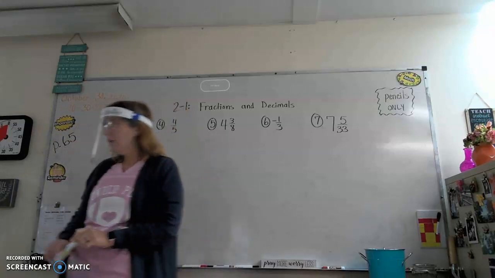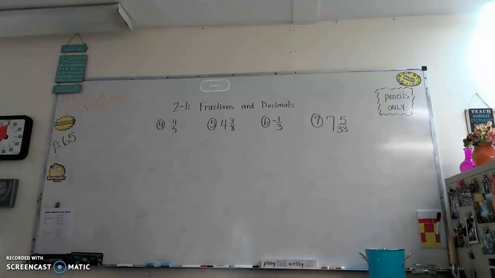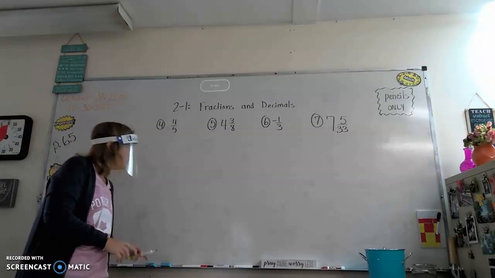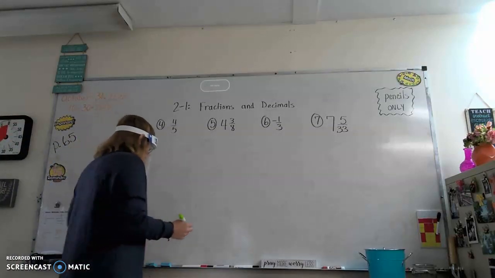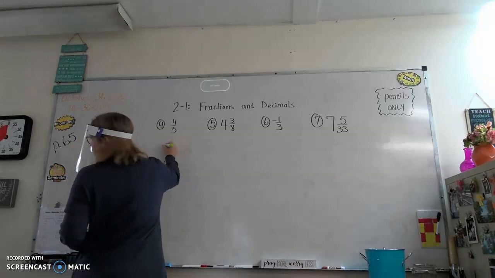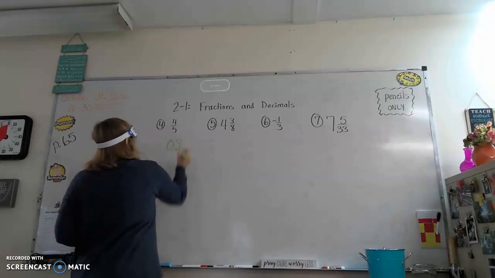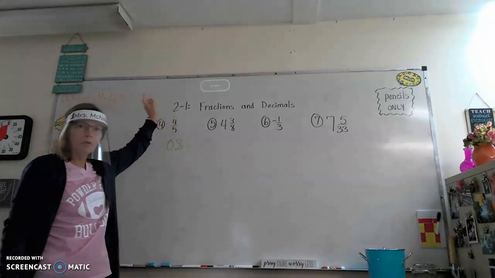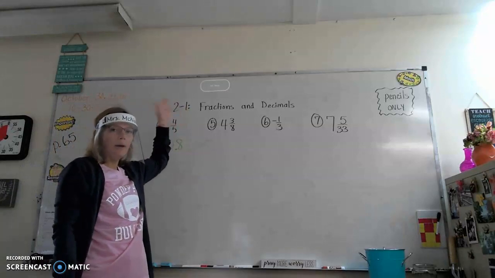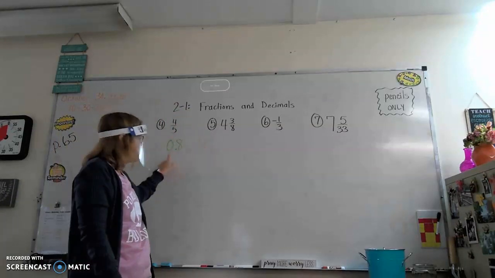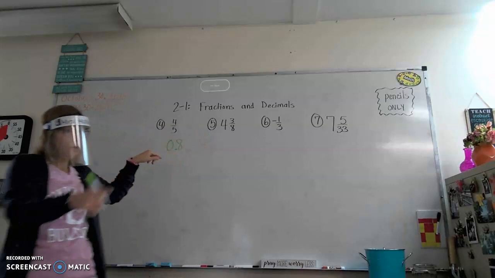So who has their calculator? Can you divide 4 divided by 5? And tell me what you got. 0.8. So in your calculator, if you go 4 divided by 5, you're going to get 0.8.